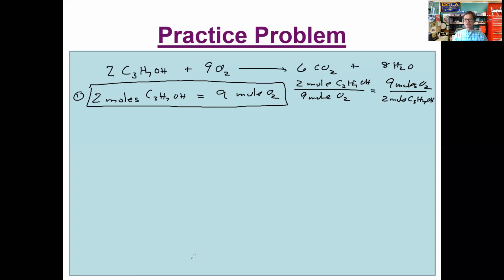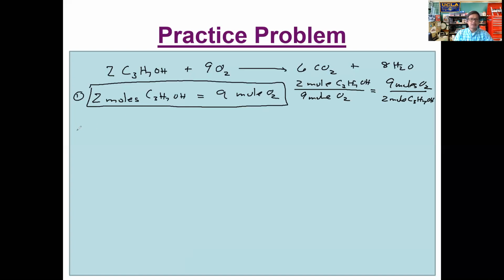Both of those ratios are equal. They don't look equal, they're the reciprocal of one another, but they are equal because this equality is true. These 2 are the mole ratios that we formed, and it's a ratio because we're comparing the amounts of this reactant to the amounts of this reactant. So we're comparing the 2 reactants with one another. That's 1 mole ratio.